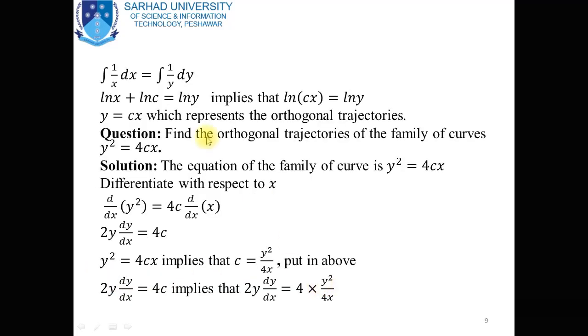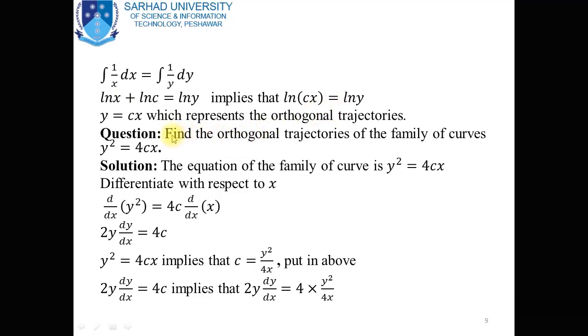Now taking integration, the integration of 1 over x is log x, the integration of 1 over y is log y, and we add the constant of integration log c. By the log rule we can write log of cx is equal to log y, so y is equal to cx, and this is the required equation of the orthogonal trajectory.